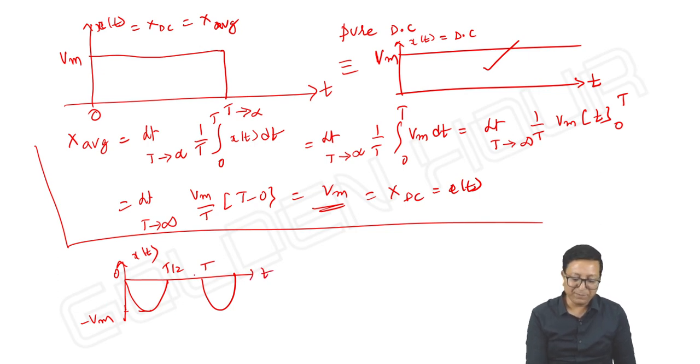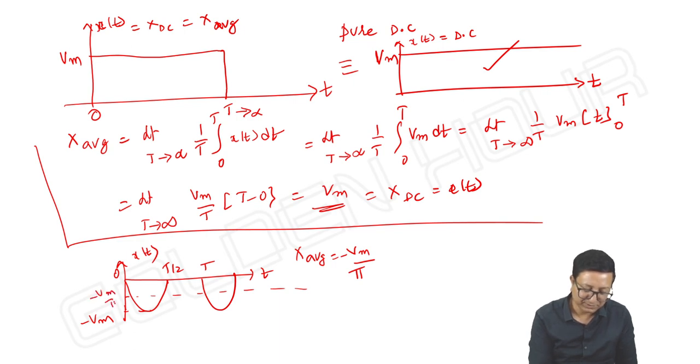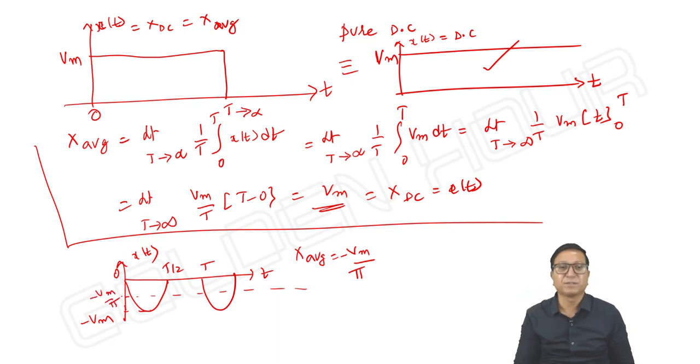Once you know the peak amplitude by pi, x average, it is also known as x DC. The peak amplitude is minus Vm by pi. Instead of plus Vm by pi, we can write it as minus Vm by pi. That's it. Next.